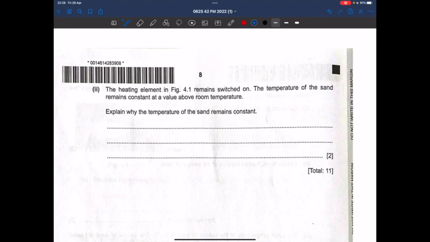So I could say here, this is what we call thermal balance. The amount of heat energy in is equal to the amount of heat energy out to the surrounding.